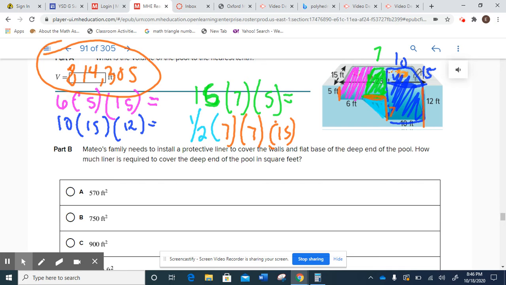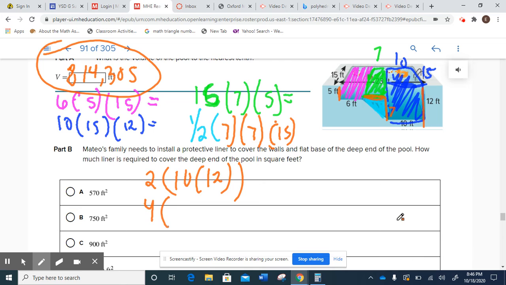To do the surface area, I have two of the same rectangles. I have the front, which is 10 times 12, and I have two of those because there's a front and a back. And then I have four rectangles that go top, bottom, left, and right, and those ones are 12 by 15.